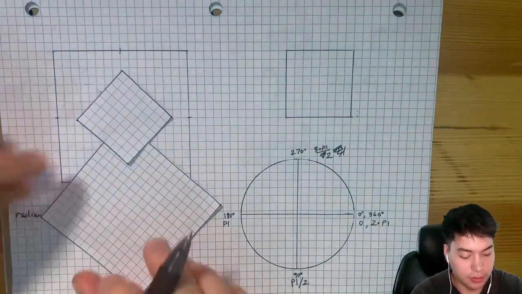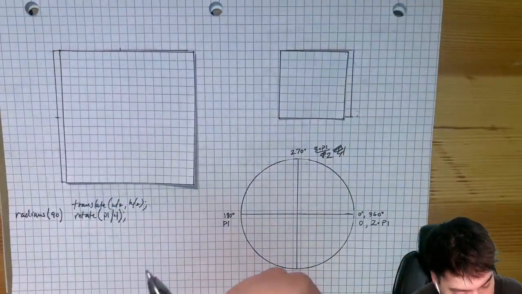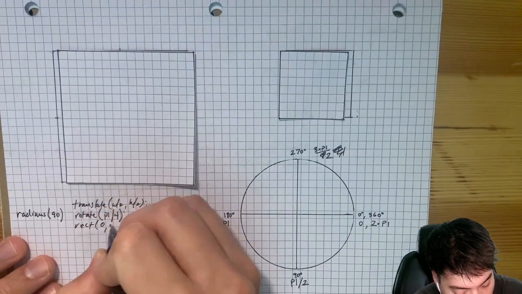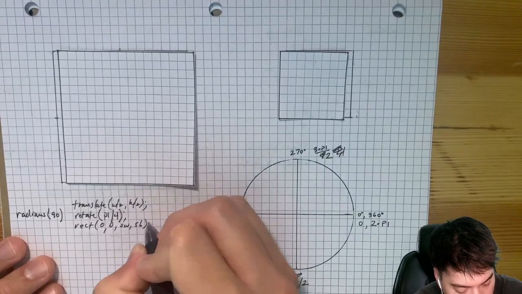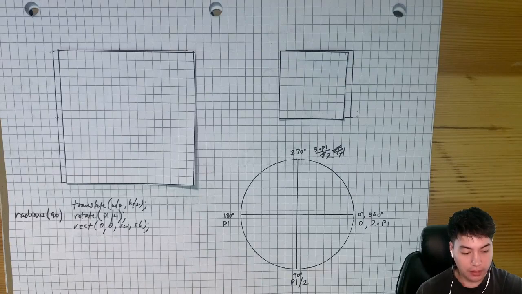And that's how we can actually rotate shapes in Processing. So then I would draw rect, 0, 0, and then shape width, shape height. And that would be the code to give me my rotation.